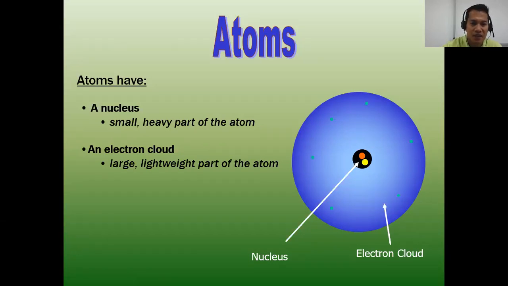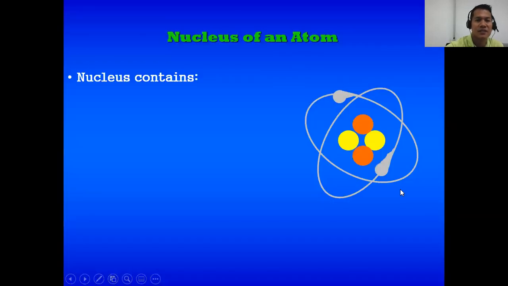It also has the electron cloud. The blue color is the electron cloud. This is the large, lightweight part of an atom where the electrons are moving around. Let's talk about that later on. So once again, the atom has the nucleus and the electron cloud.